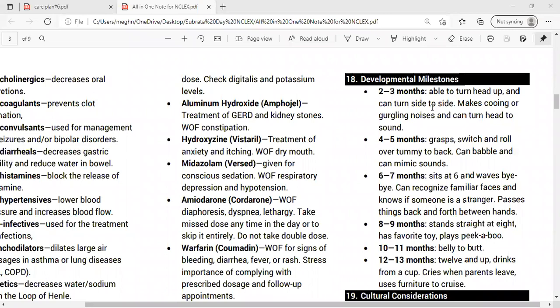So let me talk about the developmental milestones. When baby is 2 to 3 months, they are able to lift the head up and can turn side to side, making cooing or gurgling noises, or can turn head to sound.